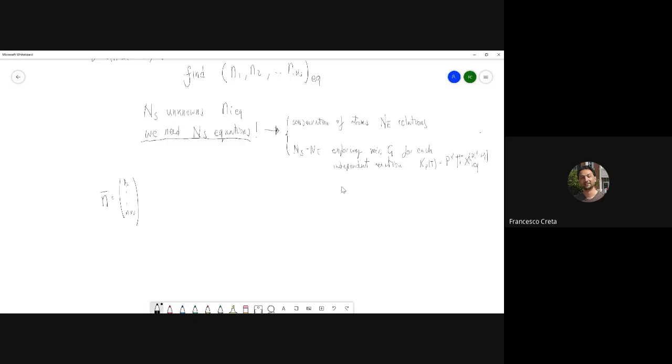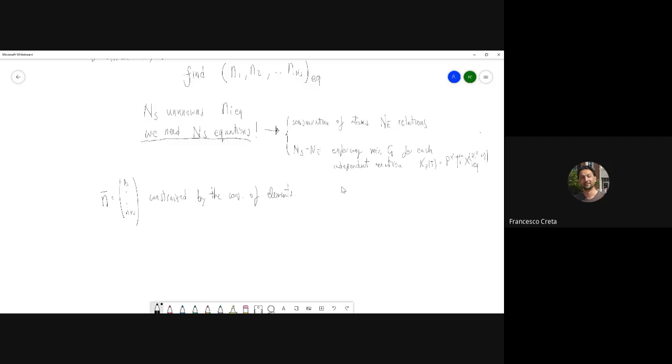So let's say that N is constrained by the conservation of atomic species or elements. How do we write this?